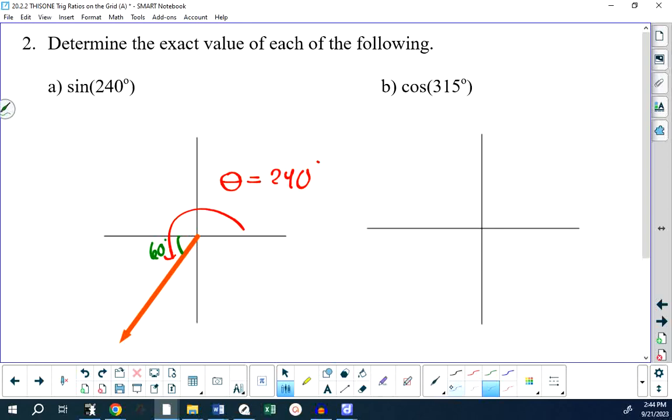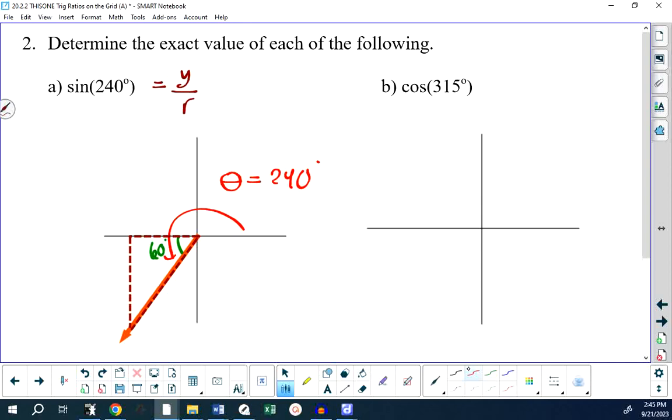Well, you should know that too, right? 180 plus 60 more. So that means our reference triangle is this. And sine is y over r, right?